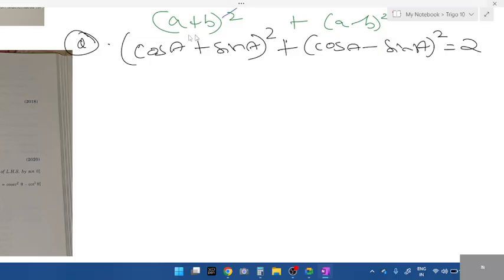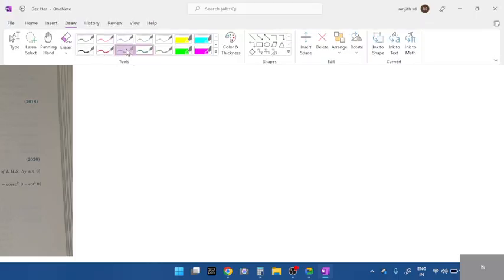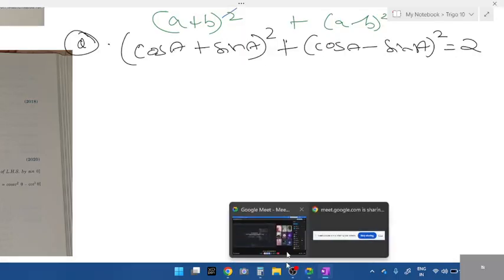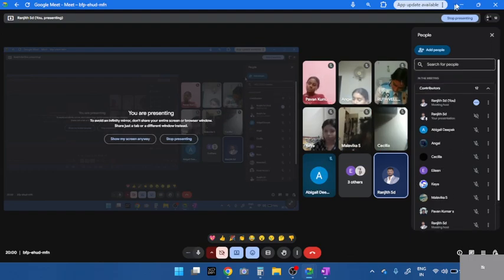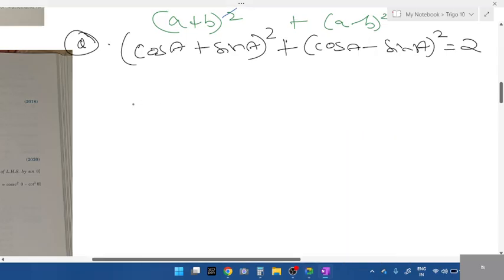Okay. Malavika completed. Cecilia, Malavika. A square plus B square plus 2.